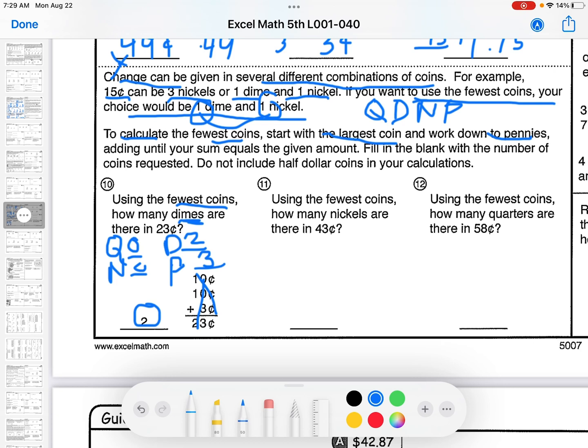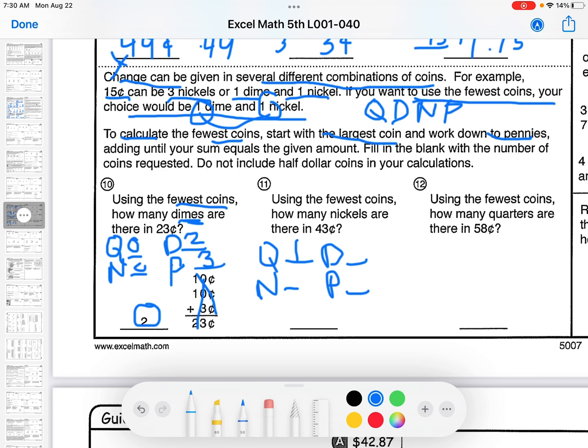All right, here we go. So you should have already done number 11. And here is what you should have done. You should have written Q, D, N, P. Okay. So how many nickels are there in 43 cents? We are going to make 43 cents to start. How many quarters would I use? Well, I can fit 1 quarter into 43 cents. And that's 25 cents. Okay, and how many dimes? So 25, 35, right?